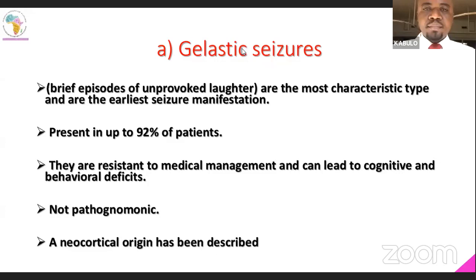They are the most characteristic type and the earliest seizure manifestation. They are present in up to 92% of patients, but they are not pathognomonic because a neocortical origin has also been described. They are resistant to medical management and can lead to cognitive behavioral deficit.